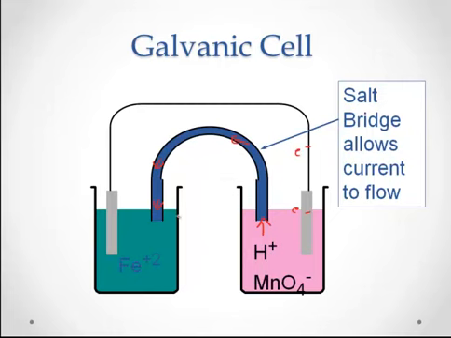Now, you might see a diagram in your book where they have a couple beakers attached, and they put this disc right here. But all that disc does is allow ions to flow. And as long as ions can flow, we can get this cell to conduct, or electrons to flow.